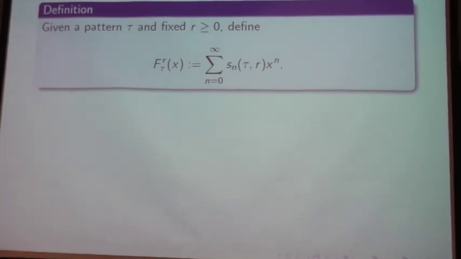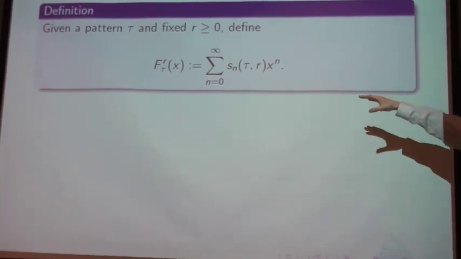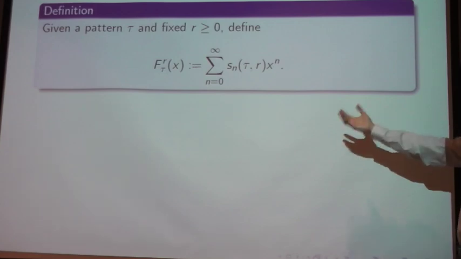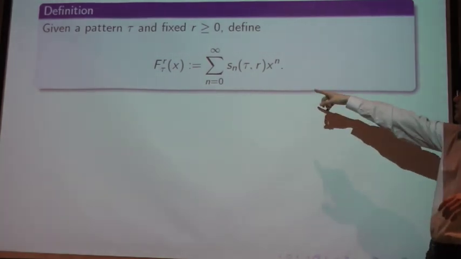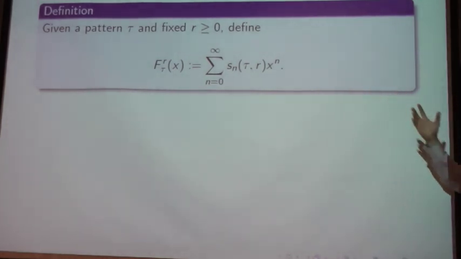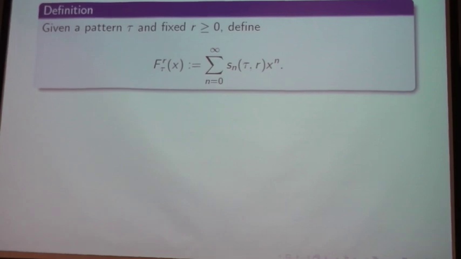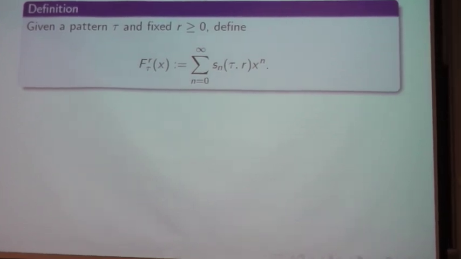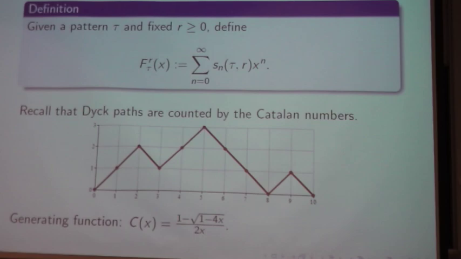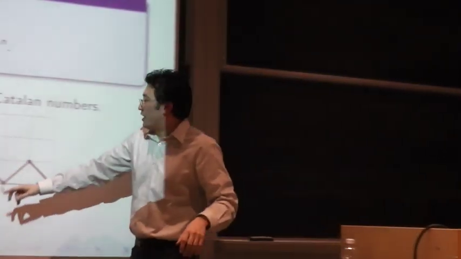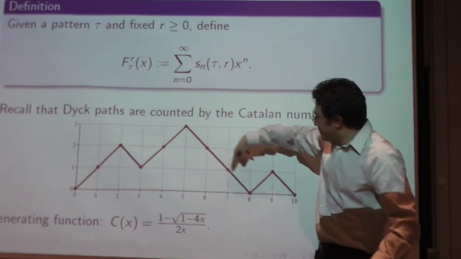So I define the generating function. Given a pattern tau and some fixed non-negative integer r, f_r is the generating function for that specific sequence. And one more thing that I'll utilize for this portion is the fact that Dyck paths are counted by the Catalan numbers. Recall that Dyck paths are lattice paths with up steps and down steps.